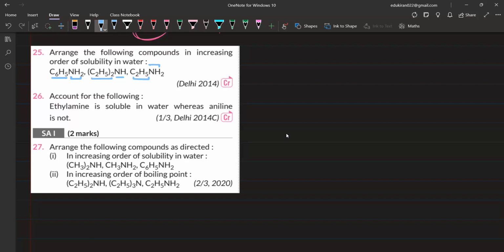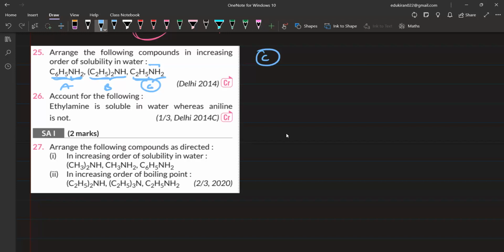Okay, so the highest here, if I call this A, this is B and this is C, will be C. Why C? Because C is primary amine, and primary amine has 2 hydrogen bonded to the nitrogen atom. That is why C will have the highest solubility.